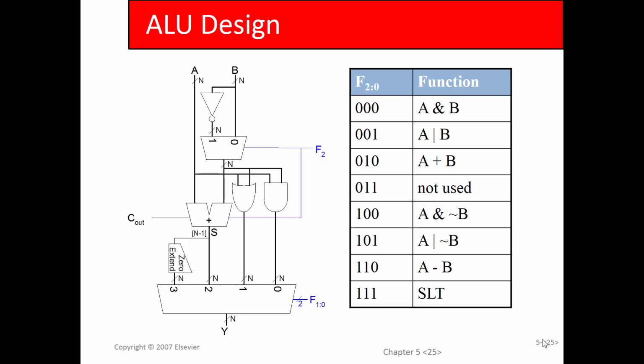It has this operation code that comes in, the function code F, and it's only 3 bits. So there are 8 possible things it can do, 8 different encodings, although one's not used, so there are 7 functions. It can do bitwise and, bitwise or, add, an and where the second input is inverted or complemented, an or where the second input is complemented, a subtract, or a set less than.